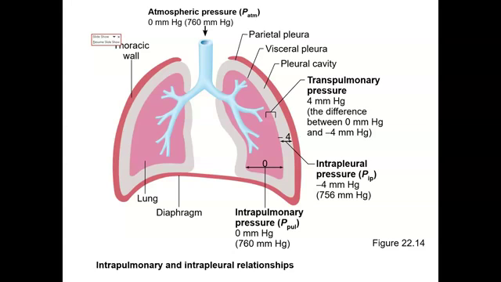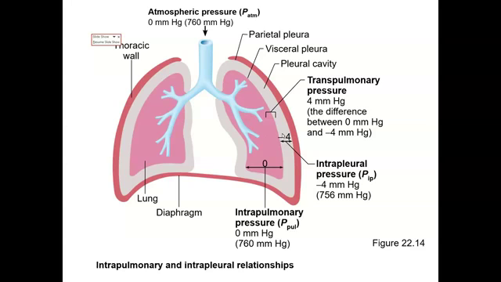But understanding the pleura, you have to understand that because we've got fluid in that pleura and the two layers are attached to each other, that in itself produces a certain pressure, which is called the intrapleural pressure. And that is always a little bit less than the other pressures.